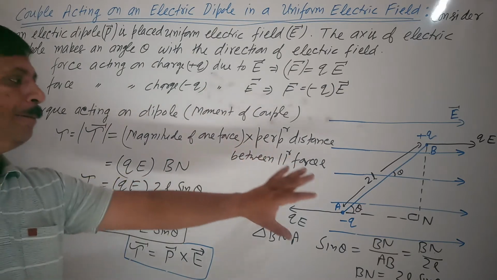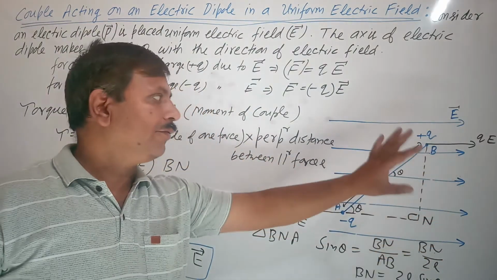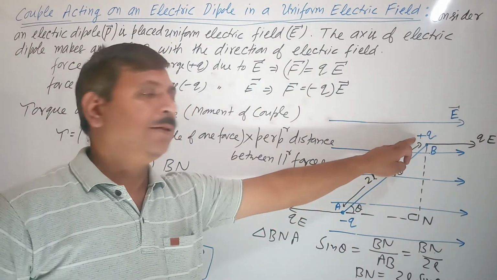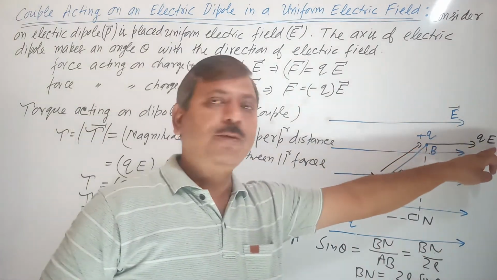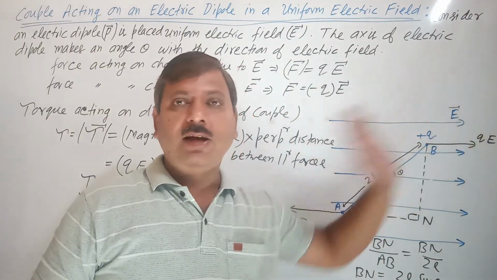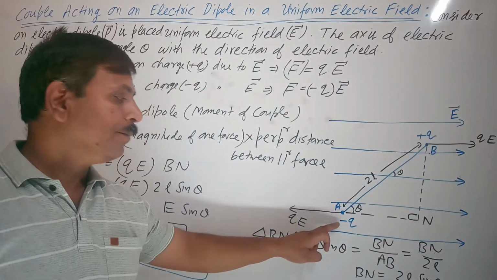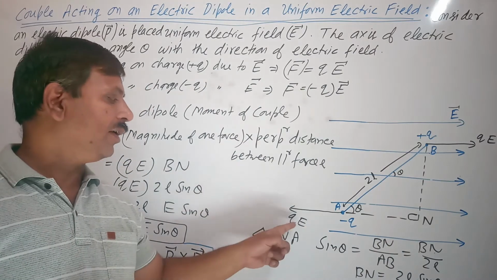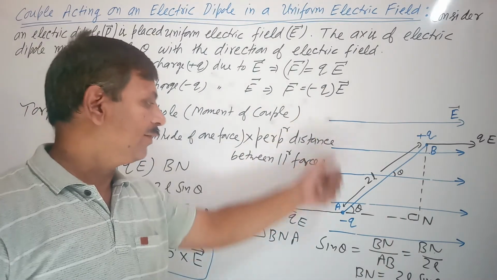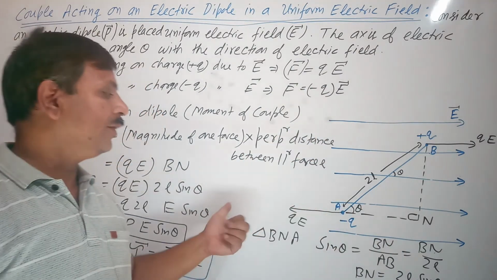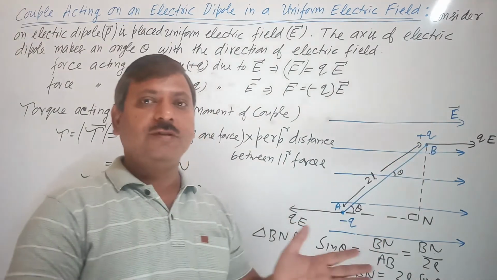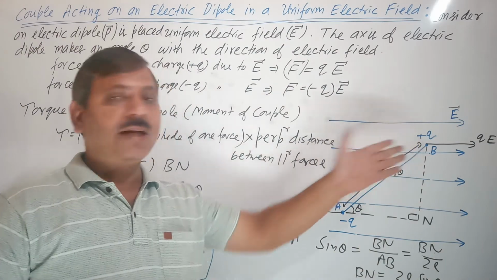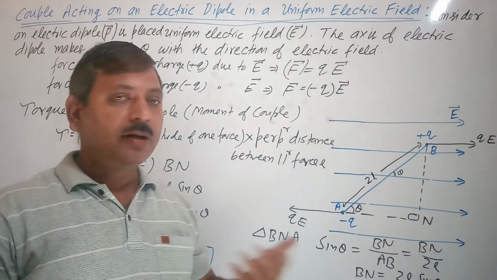Very simple. When an electric dipole is kept inside a uniform electric field, the plus q charge will experience force qE along the direction of the electric field. The negative charge will also experience a force of the same magnitude qE, but opposite to the electric field. These are two equal and opposite forces whose lines of action are different, so they produce torque, a moment of couple.